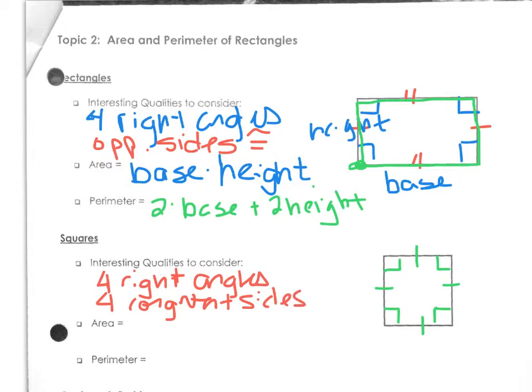So while we say that rectangles are equiangular, remember we said that squares are both equiangular and equilateral, meaning they have all the same sides and all the same angles, and so we call them regular.